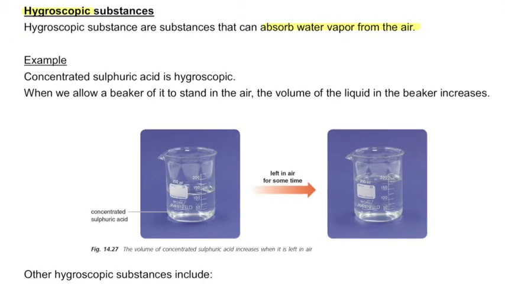If we leave concentrated sulfuric acid in a beaker for some time, you will see the total volume of the solution before is at this level, but after it goes up to here, the total volume increases. That's because it has drawn water vapor from the air into the beaker, so the volume of the liquid increases. That shows it has this hygroscopic property.